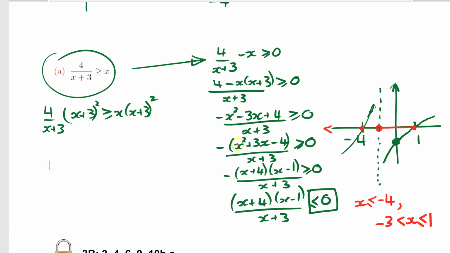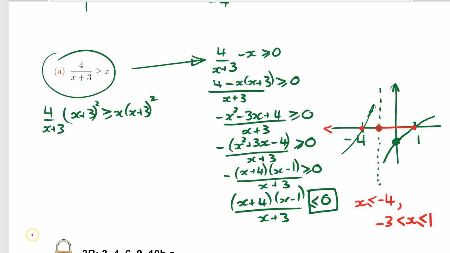So this process is fine as a process, and we got the right result for where this statement up here is true. But this thing that we did here, like I said, it's not a picture of the graph, but it's a tool for us to be able to get the right answer for the inequality.